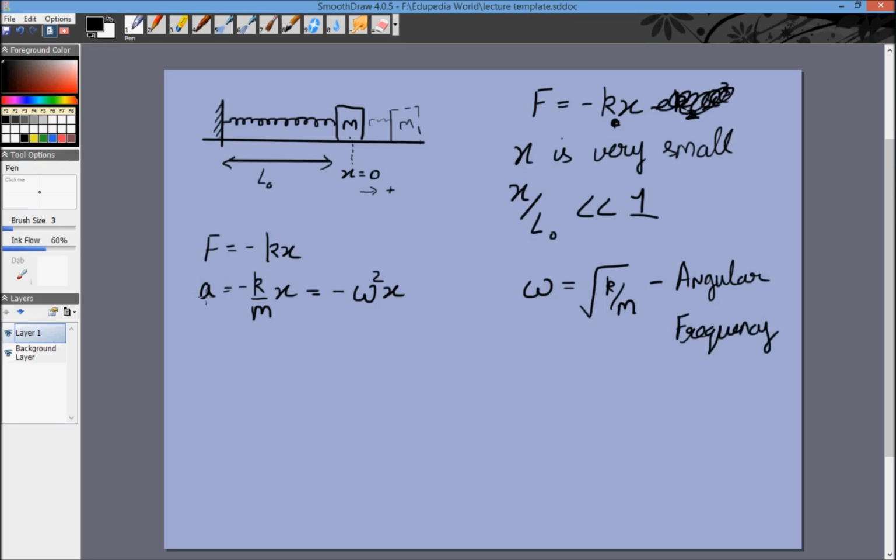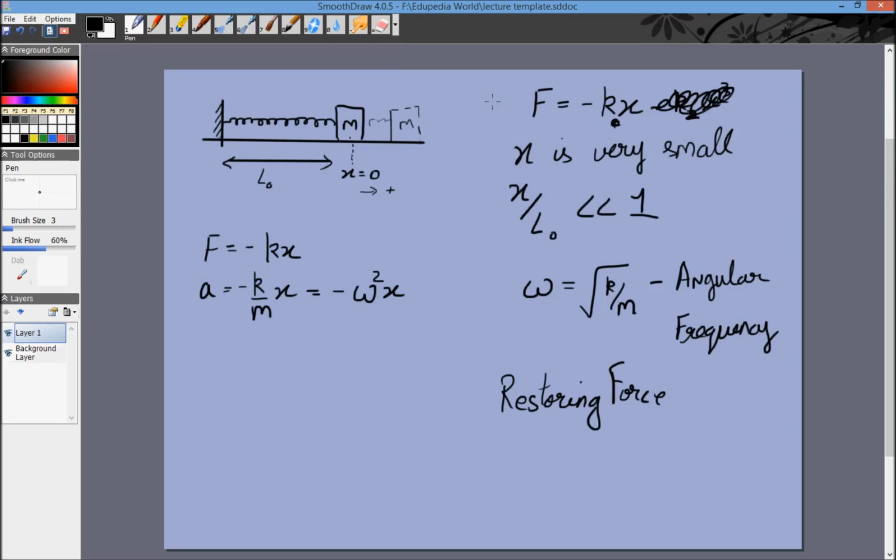Now a lot of times you'll see the equation of a simple harmonic motion written as a is equal to minus omega square x. That is to emphasize the fact that omega square will always be positive and the direction of a and x has to be opposite, otherwise there will be no restoring force. If this spring was such that if I pull this object towards the right, the spring would apply a force towards the right, then any small disturbance would result in a force towards the right and the object would move towards the right forever.